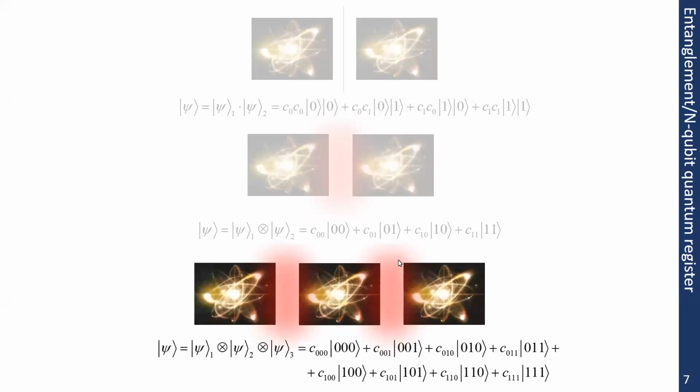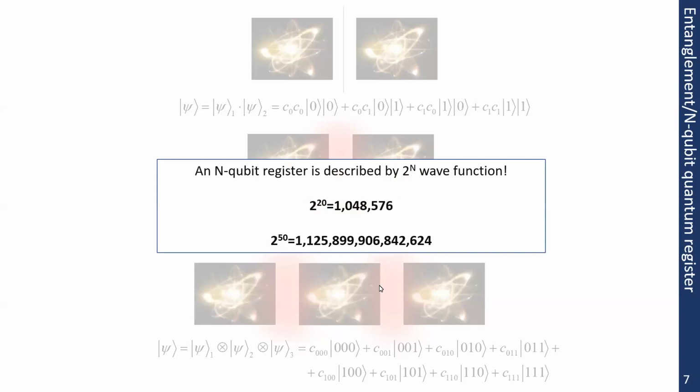And if we add more qubits, for example, the third one, we get 8 quantum amplitudes for just 3 physical qubits. And if we continue this logic for n physical qubits, we get 2 to the power of n quantum amplitudes.